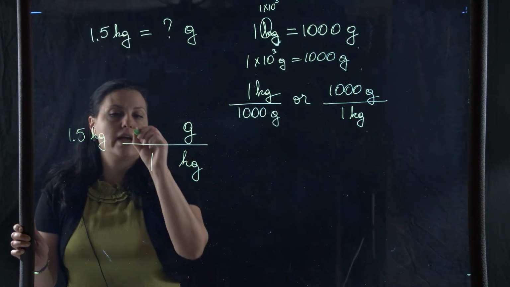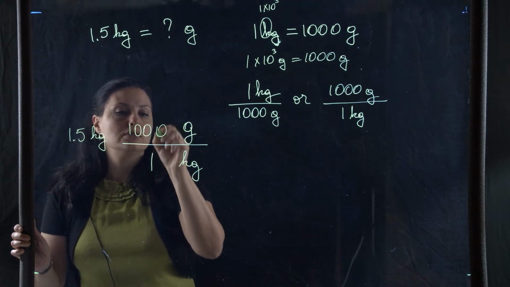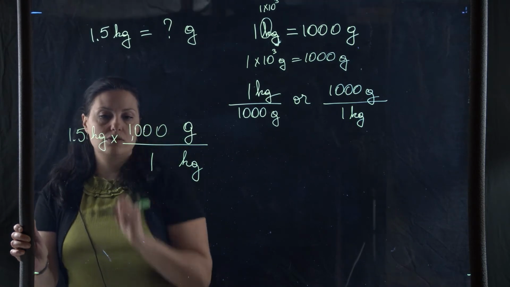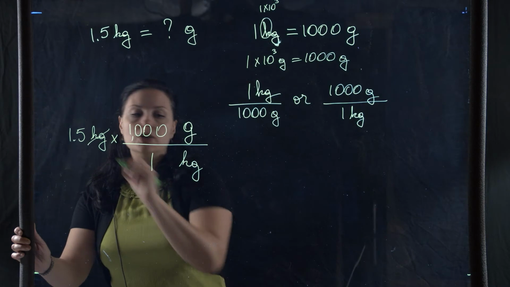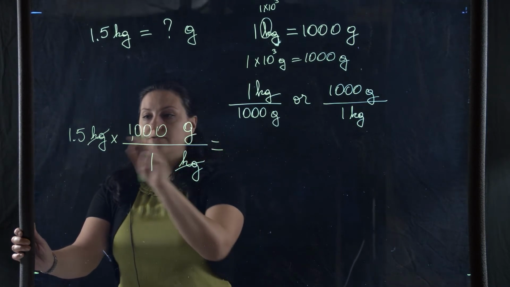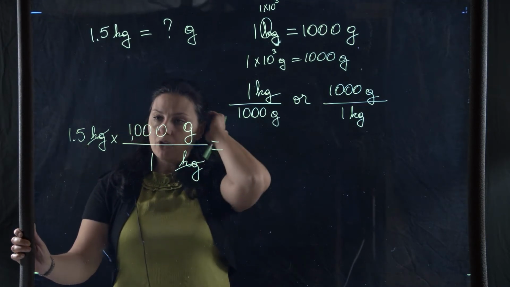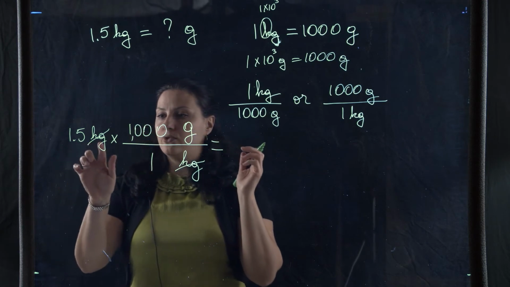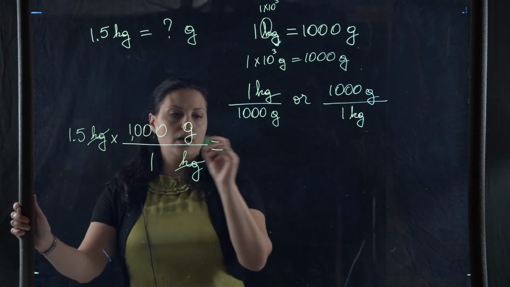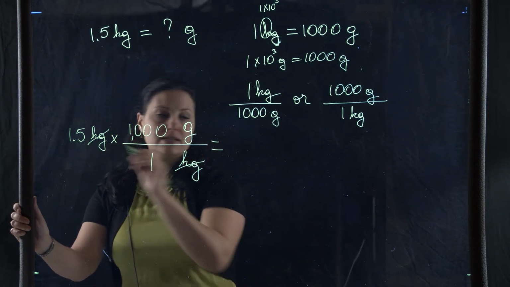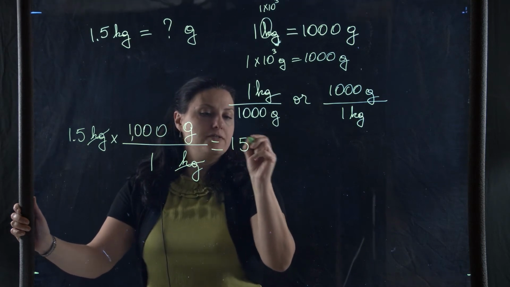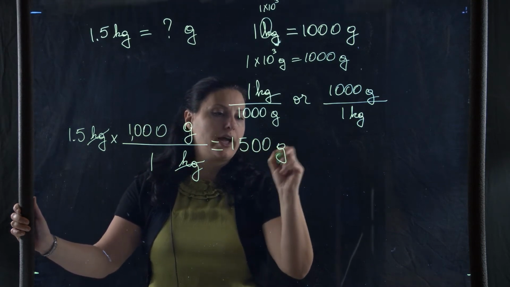So 1 kilogram has 1,000 grams, and this is of course multiplied. My kilograms will cancel, so therefore I take 1.5 and multiply by 1,000. I move the decimal point 3 places, which makes it 1,500 grams.